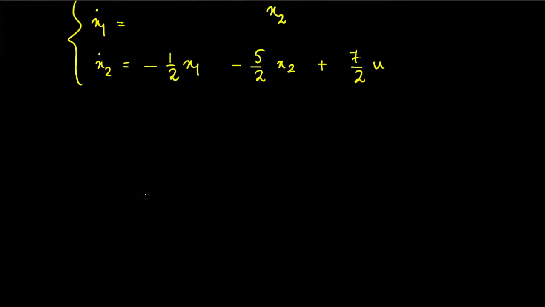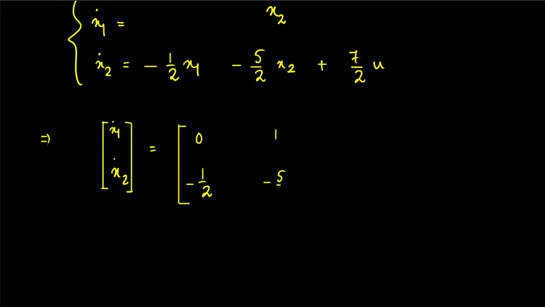Okay, so this can now be described in the state space technique as x1, x2, both of them having derivatives here, and here we have 0, 1, minus 1/2, minus 5 by 2, and this is plus 0, 7 by 2 times u.